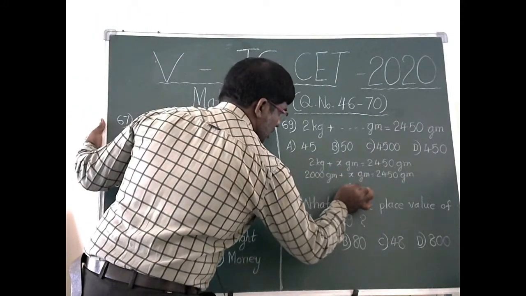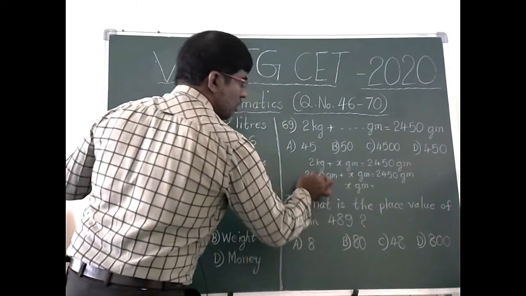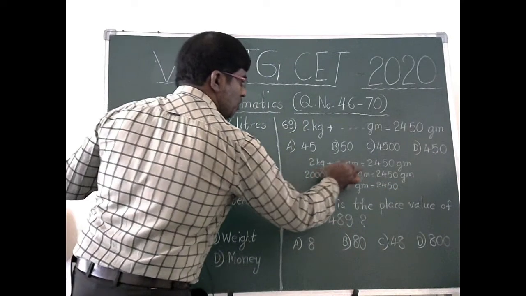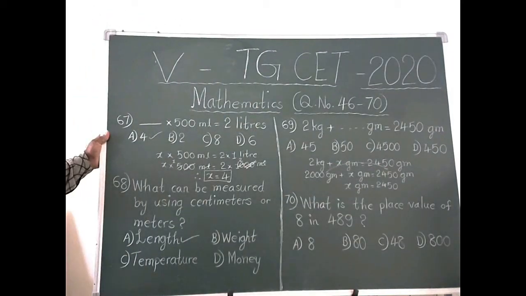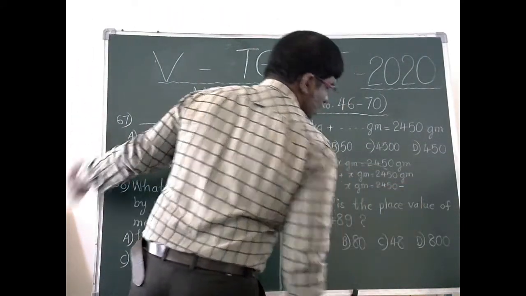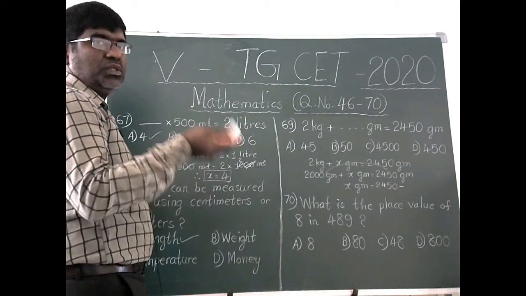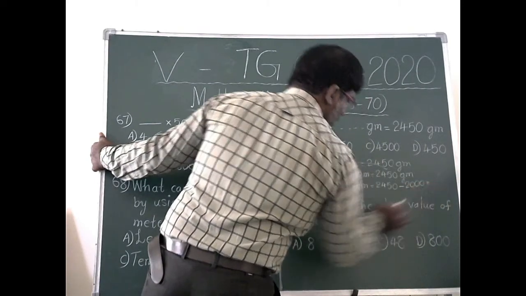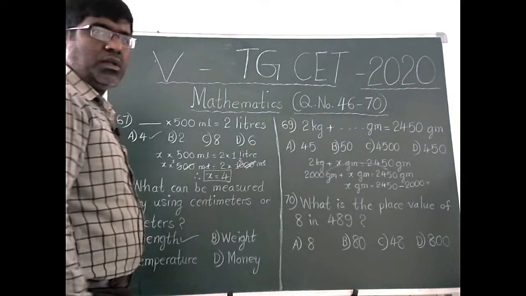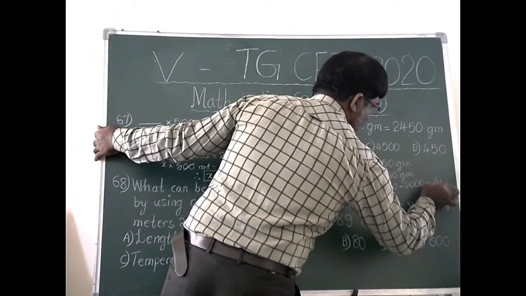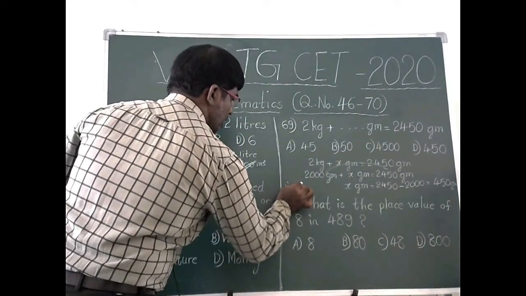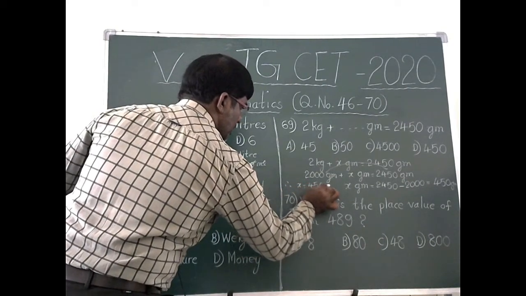Now x grams equals 2450 minus 2000. Transposing to the right-hand side, the sign changes, positive to negative. 2450 minus 2000 is equal to 450 grams.